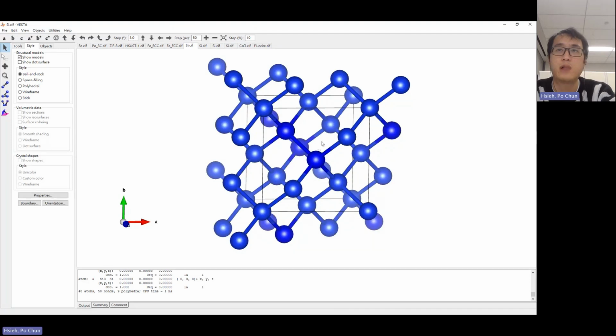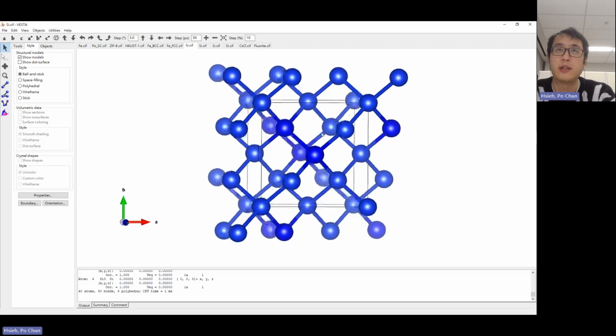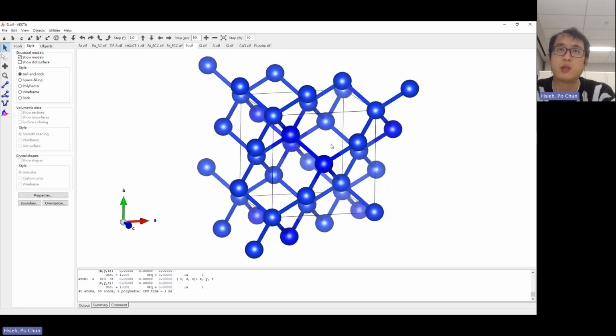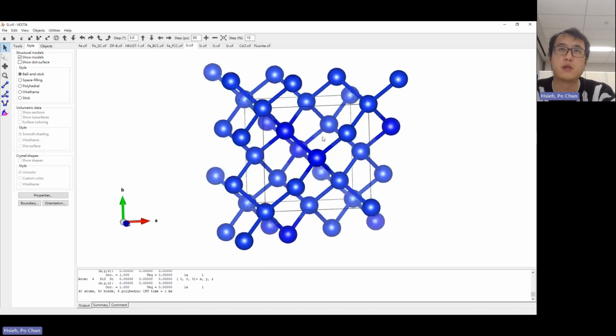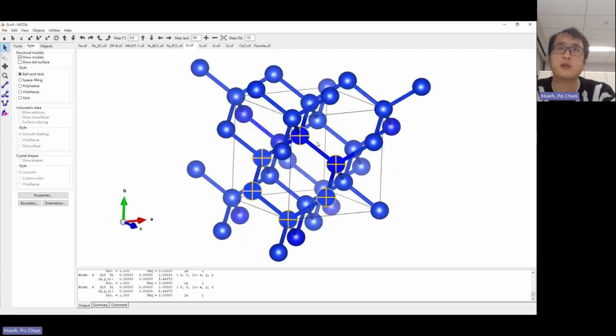So now let's move to a more complex example, which is silicon crystal. As you can see, it is a silicon crystal here, and it is very difficult for us to tell what's the crystal structure of it. And you may say, oh, I see silicon atom here, here, here, here. So what is this? Is it cubic?